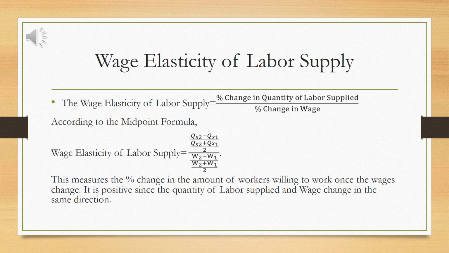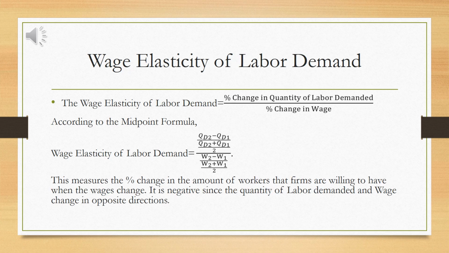This measures the percentage change in the amount of workers willing to work once the wages change. It is positive since the quantity of labor supplied and wage change in the same direction.